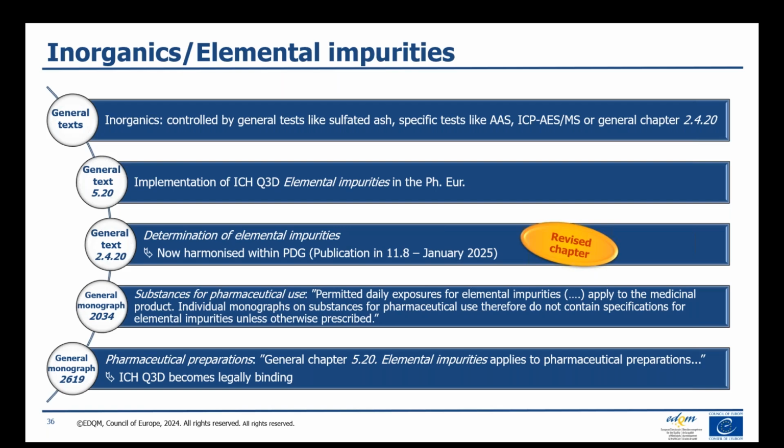For the general monograph on substances for pharmaceutical use, there is also a reference to the control of elemental impurities, and also in the general monograph on pharmaceutical preparations. And with this reference, again, ICH Q3D becomes legally binding. Here is an extract of the general monograph on pharmaceutical preparations.